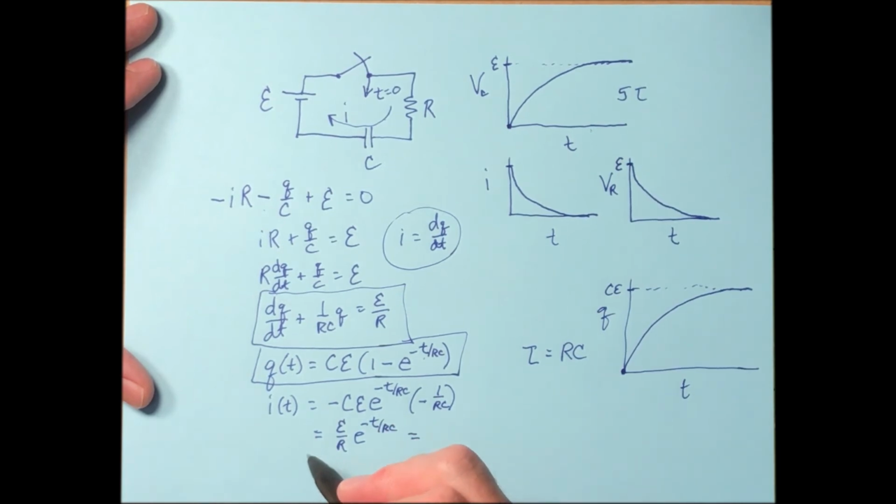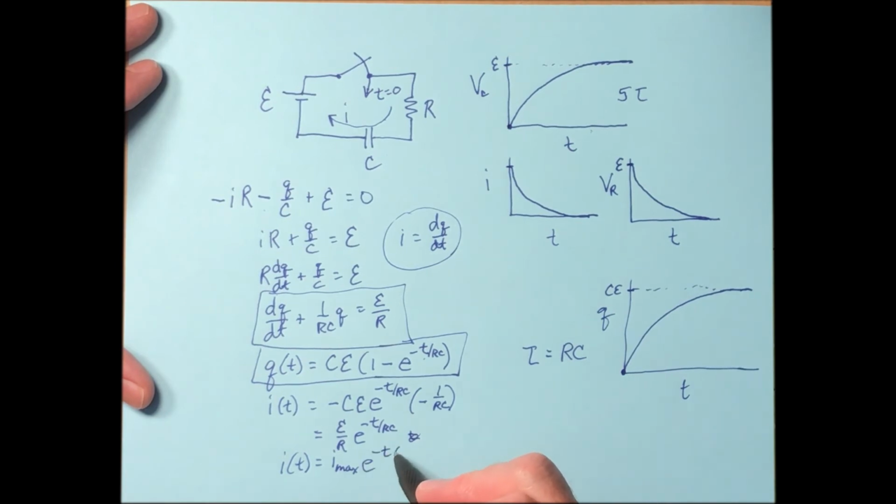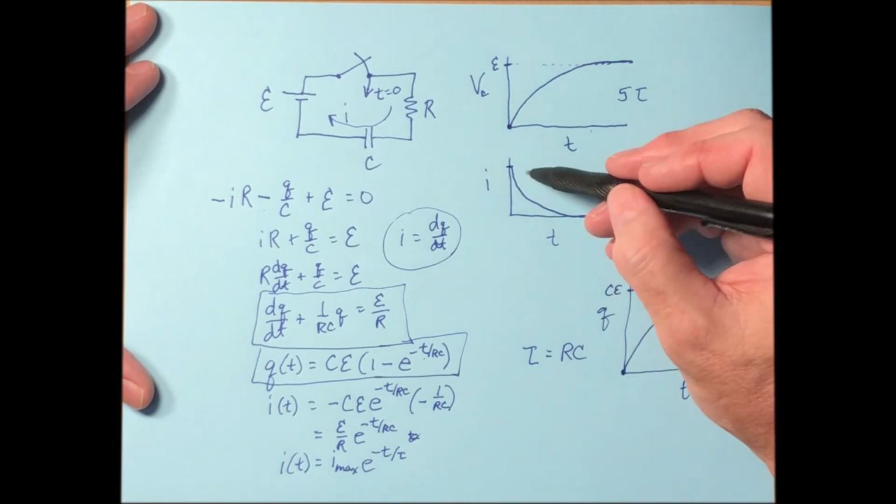Or, let's write it a little differently. Let's write it down here. I of t is equal to some maximum value, that's the initial value, times e to the negative t over tau. So what does that look like? Well, it looks like this.